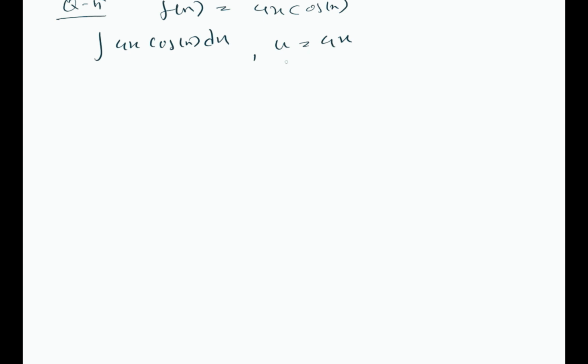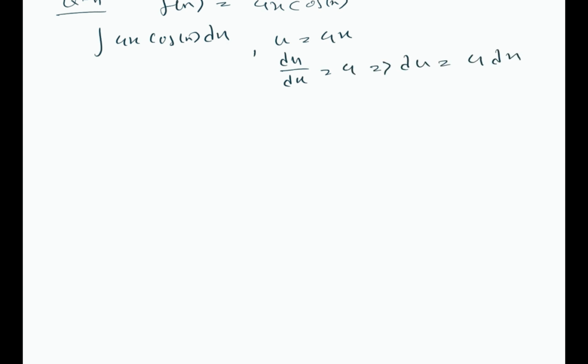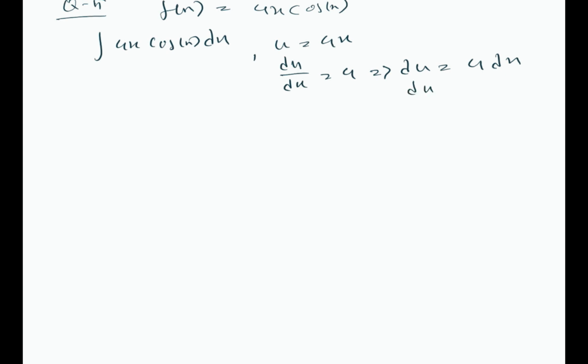And du over dx is equal to 4. So du is equal to 4 dx, and dx is equal to du over 4. So we have u, we have du, so we can use them to represent this integral.